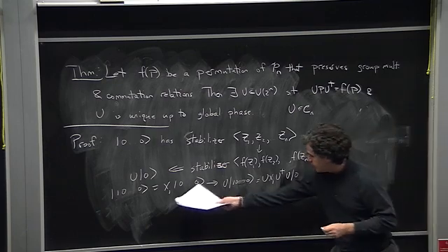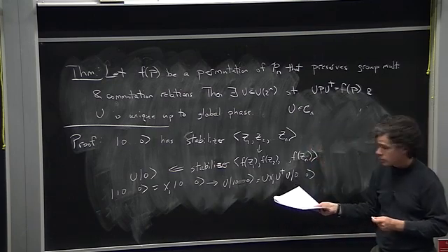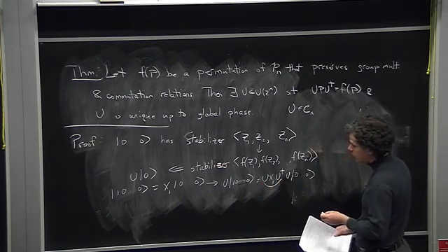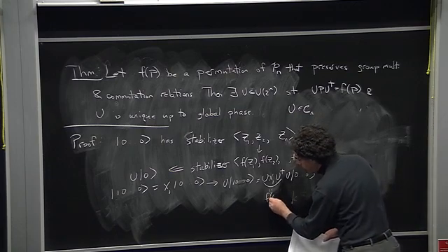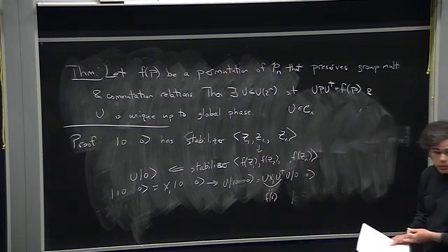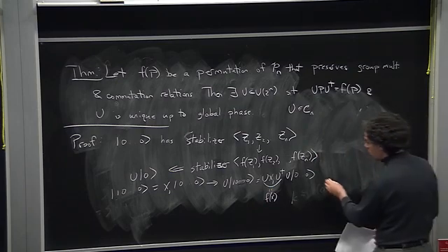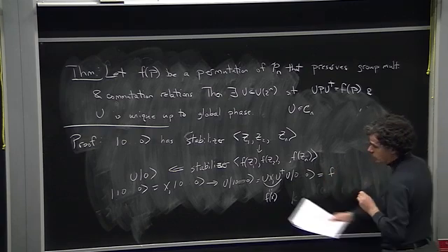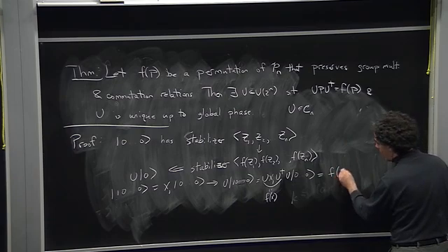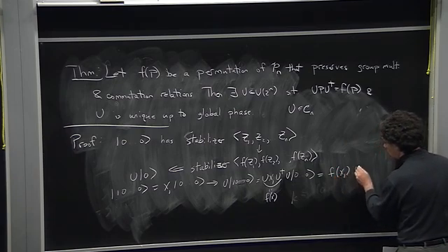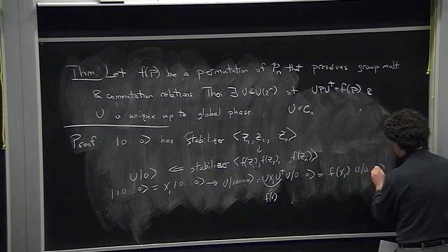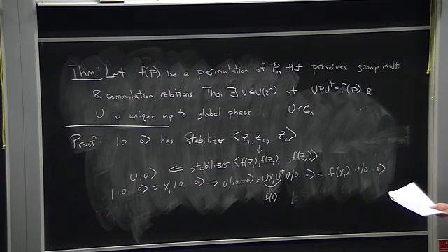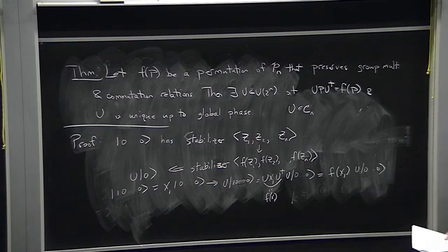So that's this thing here with the U dagger U inserted. And this thing here, we know should be F of X1. So we can define U applied to 1, 0, 0 as F of X1 applied to this, which is, remember, just some state that we found. Okay? So that defines this state.